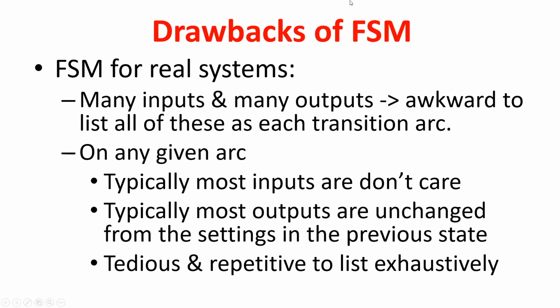On any given arc, what happens in real life systems? Typically most inputs are don't care, typically most outputs are unchanged from the setting in the previous state, and it is really tedious and repetitive to list all the states and all the input outputs exhaustively.